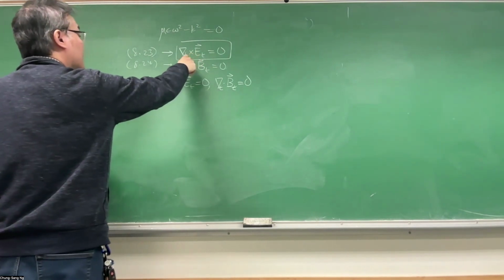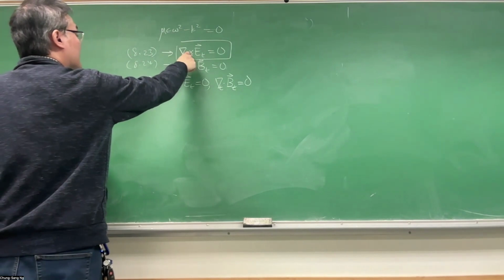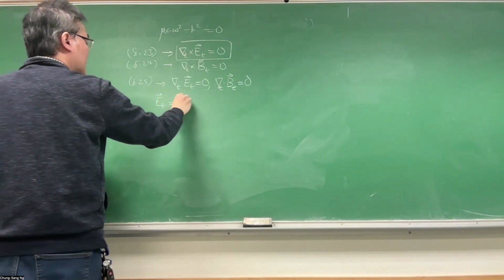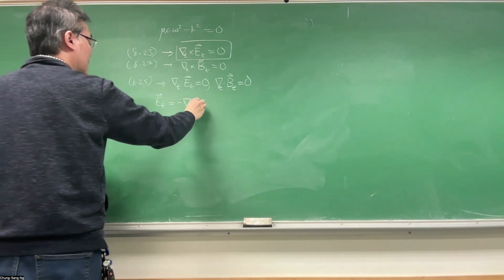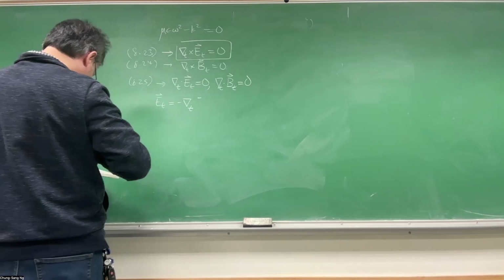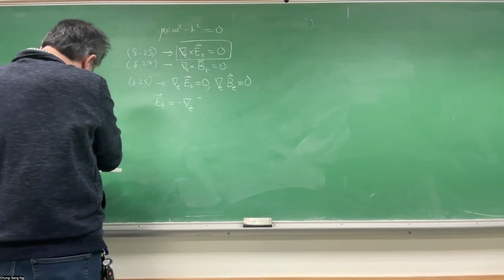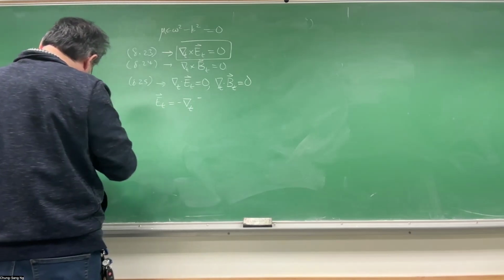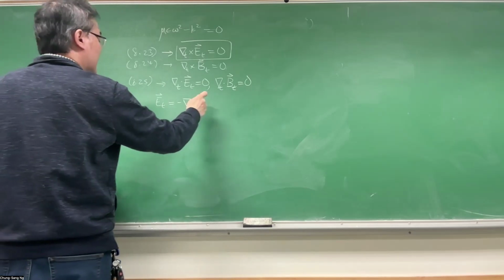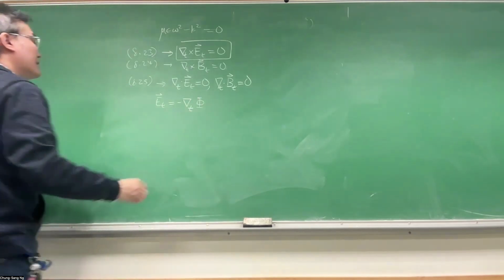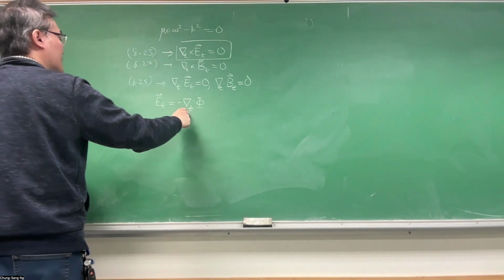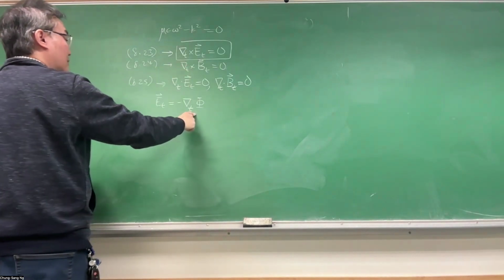So in this case, if curl E is 0, then E is minus the gradient of the potential phi. Just use this notation phi. We didn't talk about that, but it doesn't matter, you can still do that, because the curl of a gradient is always 0.